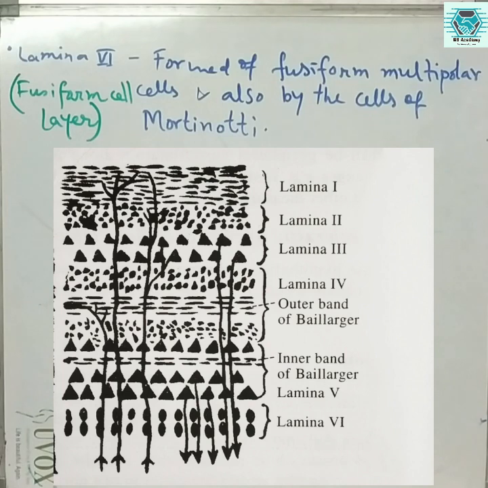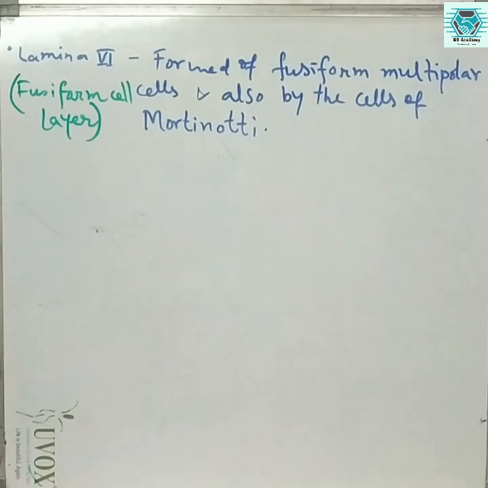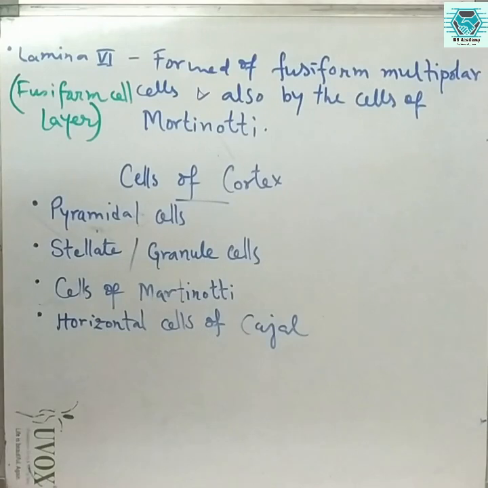Now we are moving to the cells of the cortex. Number 1 is the pyramidal cell. Besides this, there are stellate cells, then cells of Martinotti, and horizontal cells of Cajal. These cells are also very important. Basically the pyramidal cells are most important and well known.